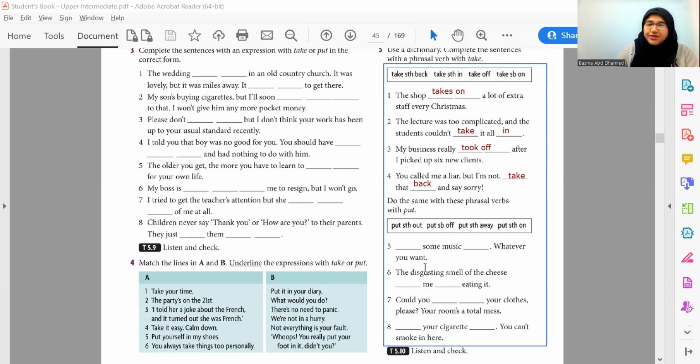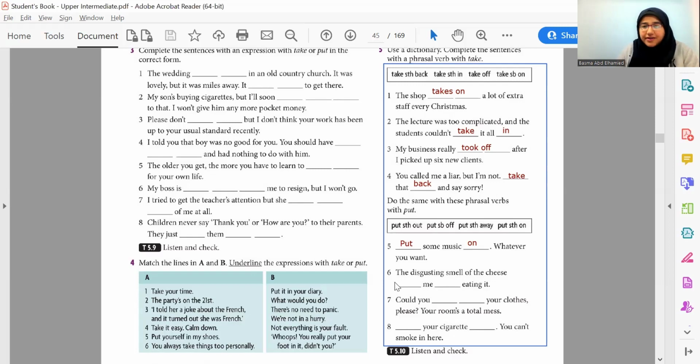Now let's go to put. Number 5, put some music on, whatever you want. Number 6, the disgusting smell of the cheese put me off eating it.